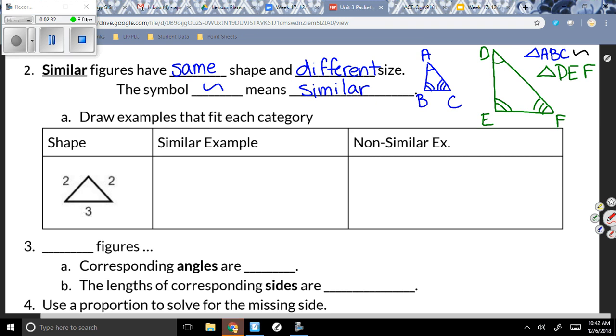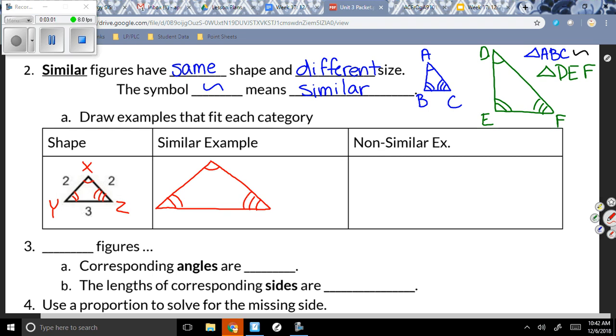All right, in the next section, it asks us to draw a similar example. So if we look at our first figure, our triangle, we're going to call it triangle XYZ. It has sides that are 2, 2, and 3. When we draw a similar triangle, these sides are going to be proportional, and they're going to change the same way.